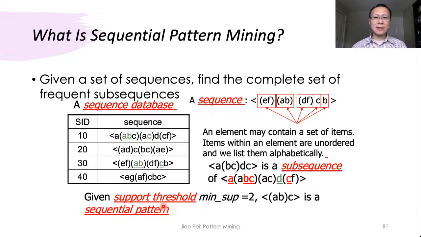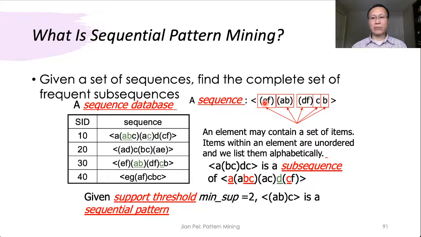Let's consider a sequence database like this. Here, a sequence is a list of transactions, where an element may contain a set of items, and all the items within an element are unordered.